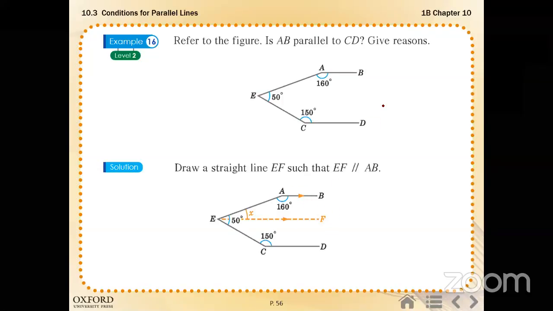Therefore, it means I want to check this part: is EF parallel to CD? If EF is also parallel to CD, then CD is parallel to AB. This is what I can get at the end.